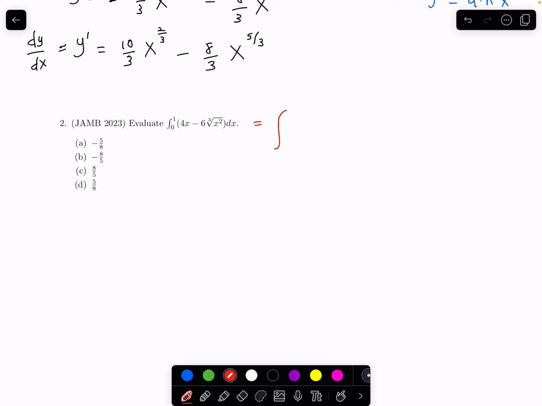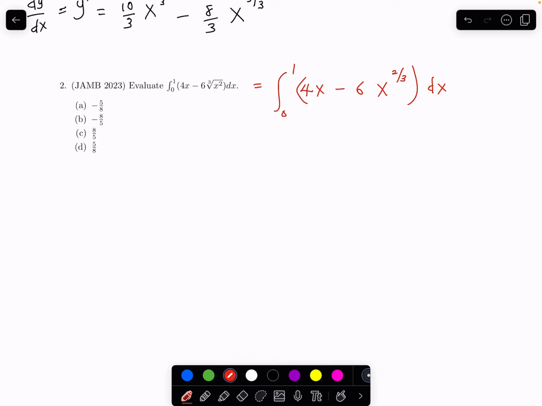So I have the integral from 0 to 1 of 4x minus 6 x to the power of 2 over 3 dx, right? So now I can apply the power rule for finding the integral on each of these terms.